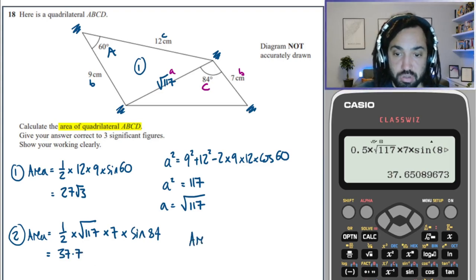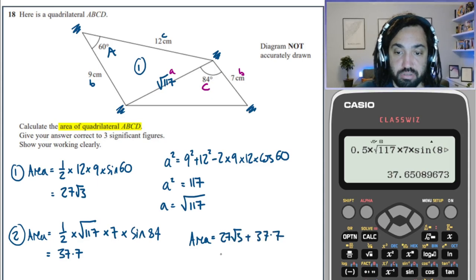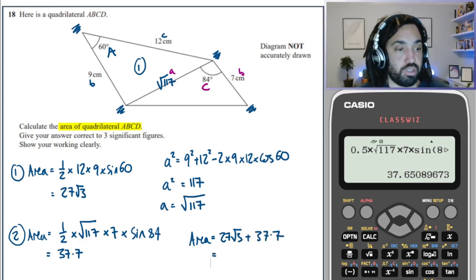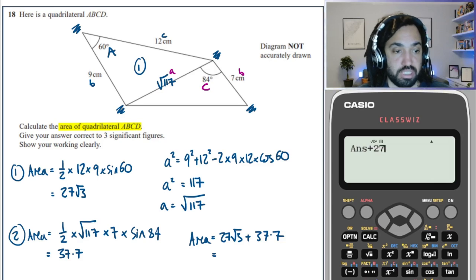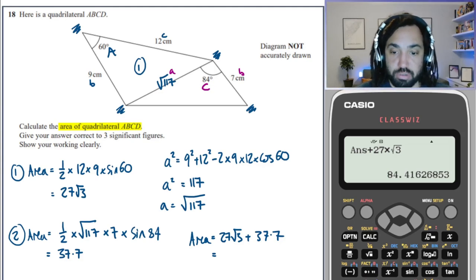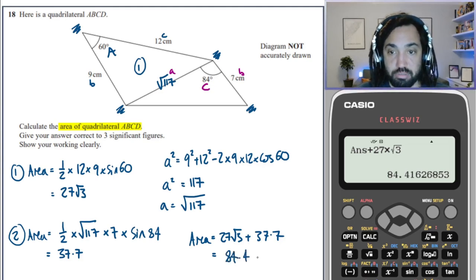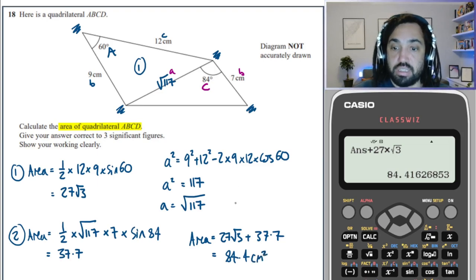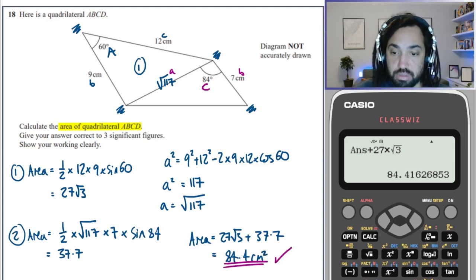So therefore the total area is equal to 27√3 plus 37.7. So we'll take that and we'll just add on 27 times by √3, and we'll get 84.4, and that will be in centimeters squared, and that is bosh.